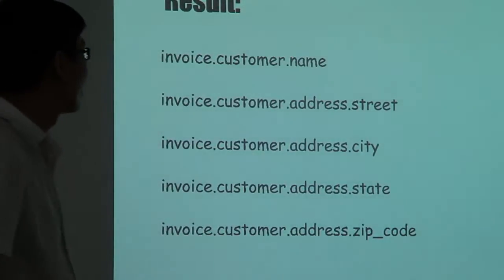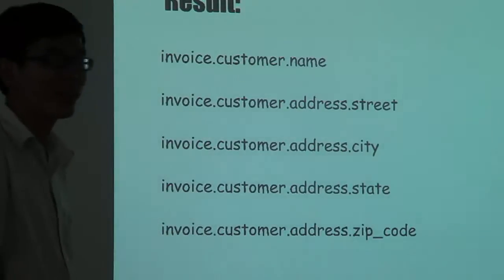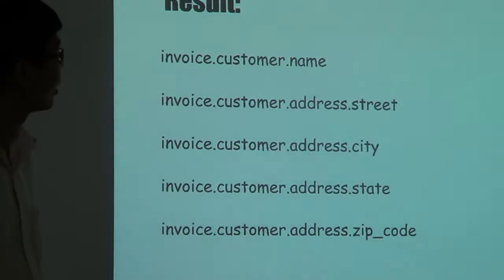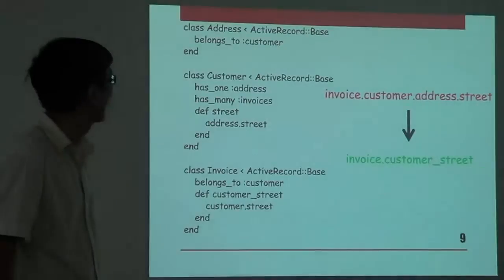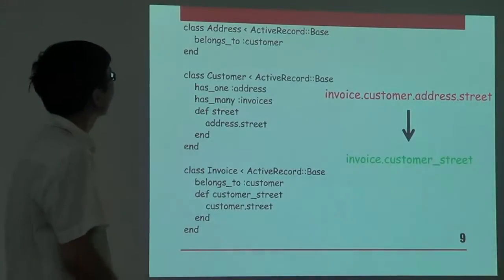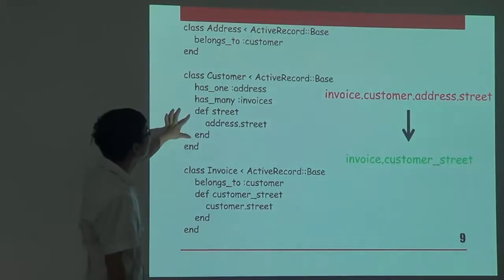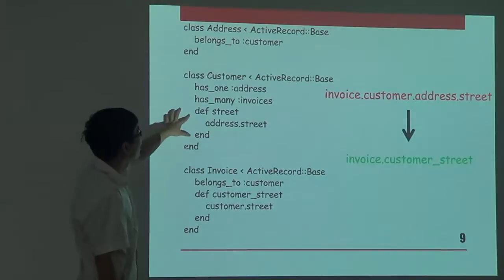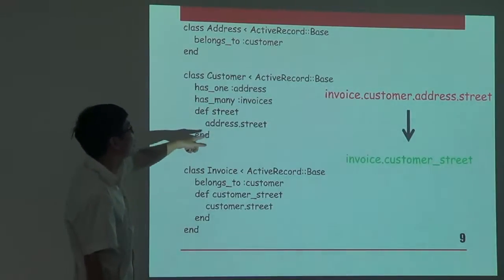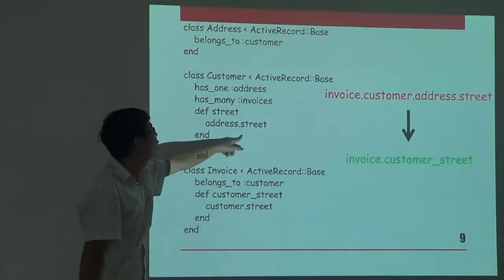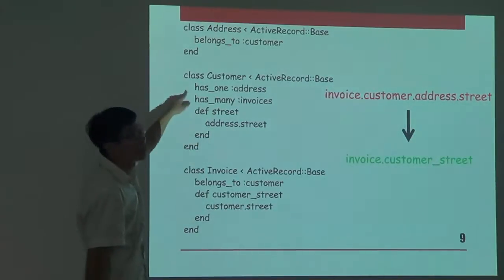So in Rails, they provide us some tools to deal with this. The first solution is that we can define some function like this in the customer model. Like we define a street function which will return the street of the address of this customer.